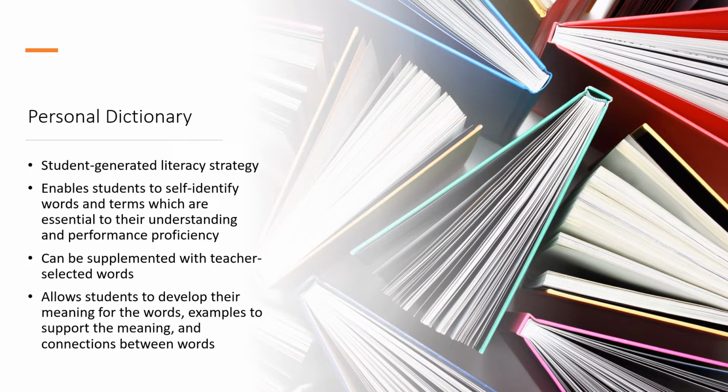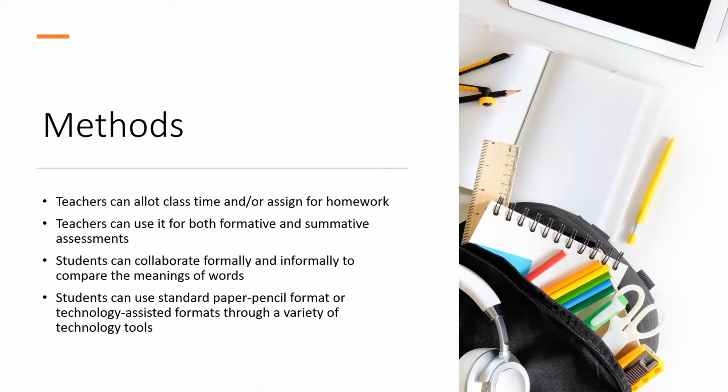They may have trouble actually identifying words themselves. So you have to know your population, and you have to practice this with them. With even high performers, you've got to practice it with them. It allows students to develop their meaning for the words, examples to support the meaning, and connections between words. And so we'll see how we can implement that as we proceed.